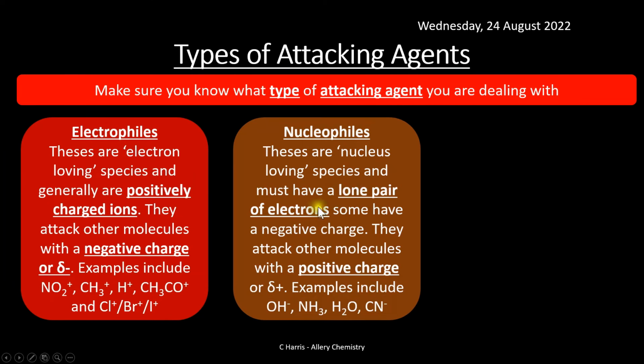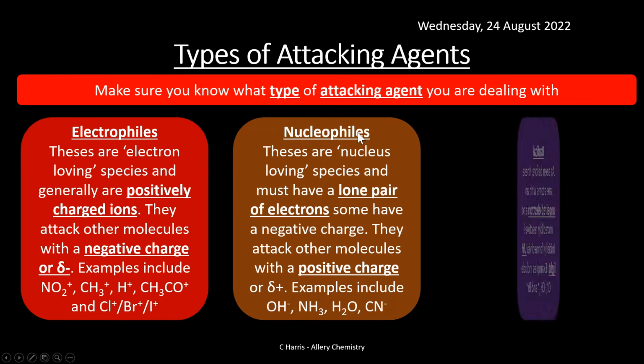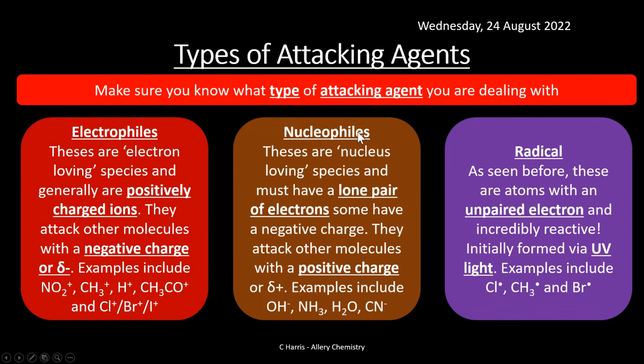And the last type are radicals. As we've seen before in the previous reactions, these are atoms with an unpaired electron and they're incredibly reactive. They're initially formed via UV light, so that's how we normally make them. Examples are Cl dot, CH3 dot and Br dot. They're different types of radicals.